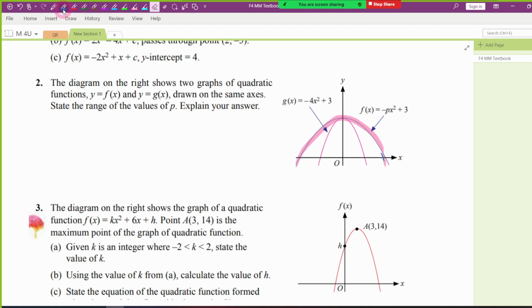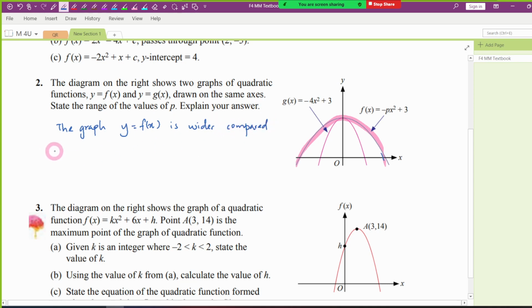Or we can just explain this way, the graph y is equal to f of x is wider compared with the graph y is equal to g of x.